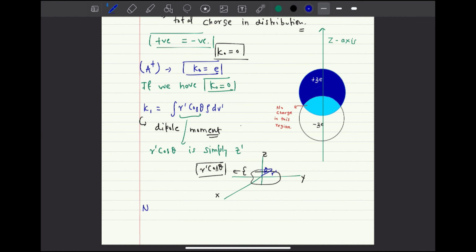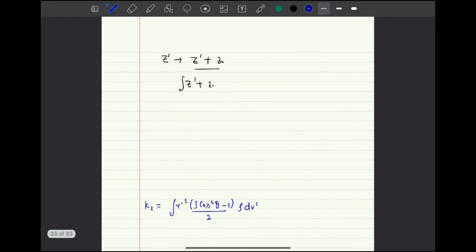One thing to note here is that if K0 is 0, then K1 is independent of the choice of origin. We can prove it. Let's start again.